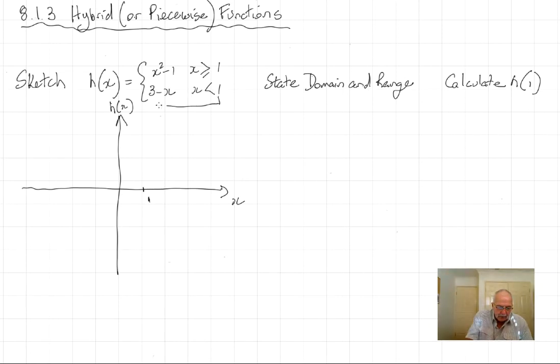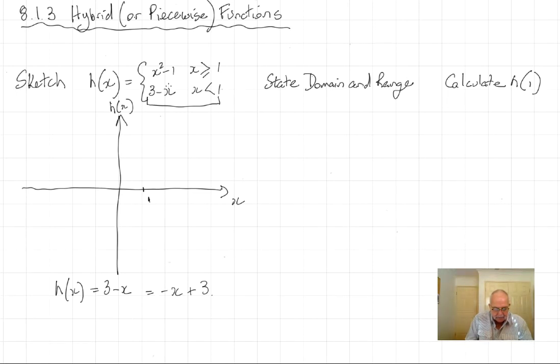Everywhere x is less than 1, it behaves like 3 minus x. So h of x is equal to 3 minus x. That can be written as negative x plus 3. It may be worthwhile, even though x is not equal to 1, if x is 0.99999, it'll behave like 3 minus x.